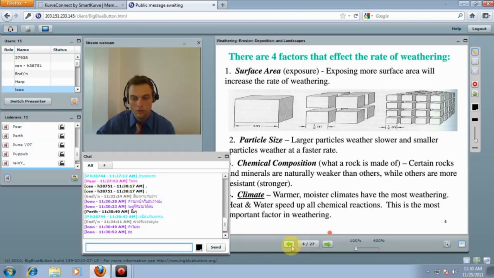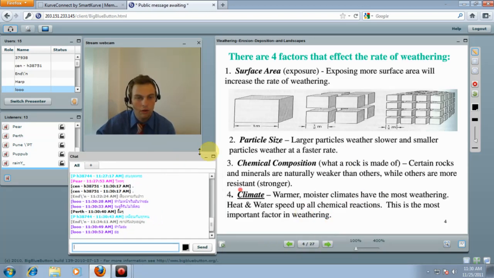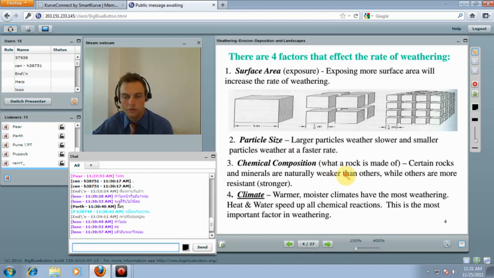Okay, so last time on Wednesday we were talking about weathering and erosion and the difference between the two, among all other types of things.